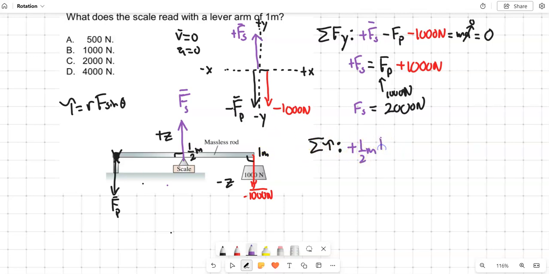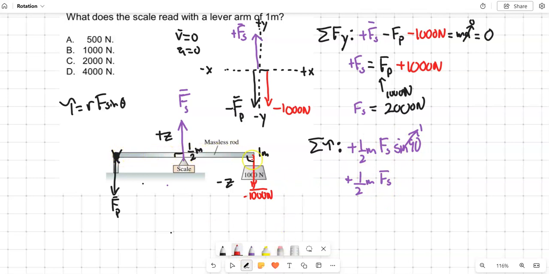That force is F sub S. And it's the sine of 90 degrees, which again is just equal to 1. So that means this is going to be positive 1/2 meter times F sub S. So that's what this torque is going to be.